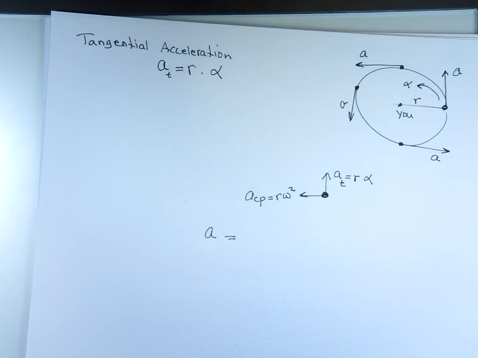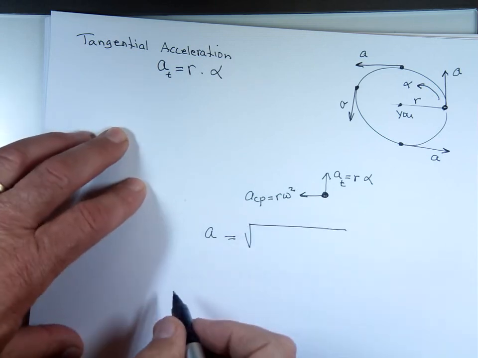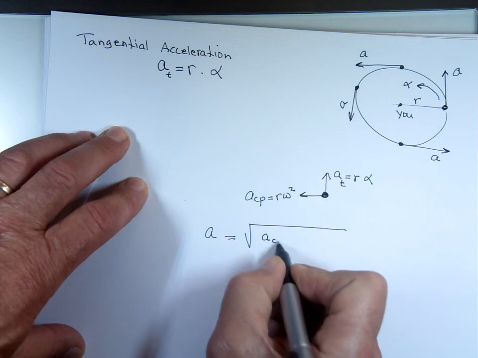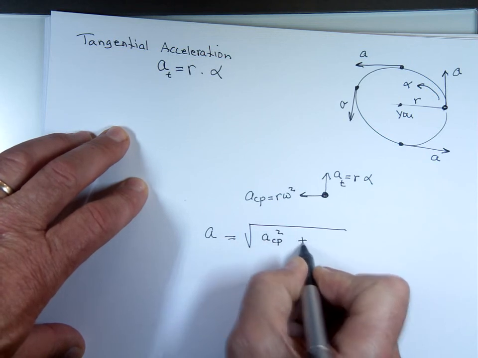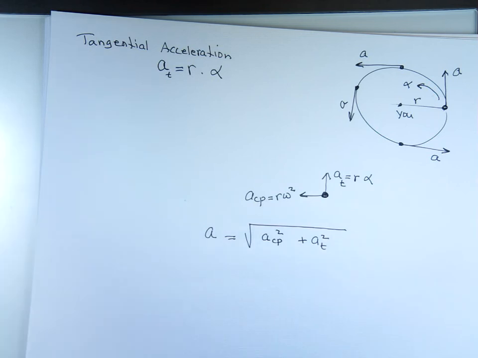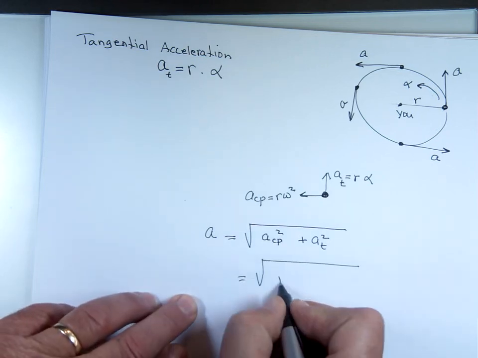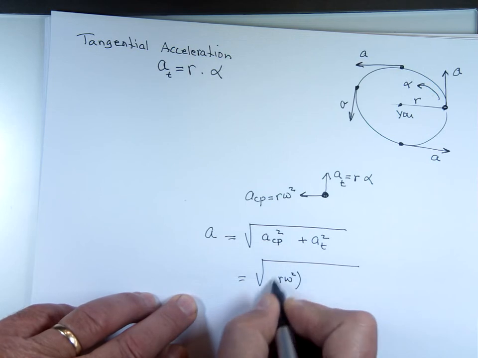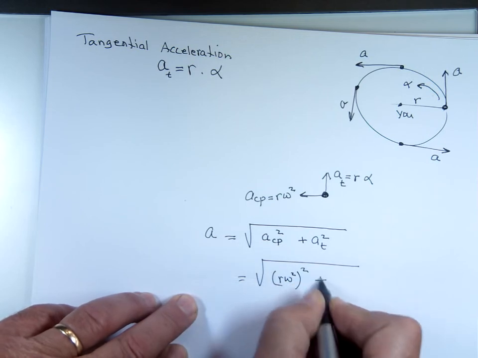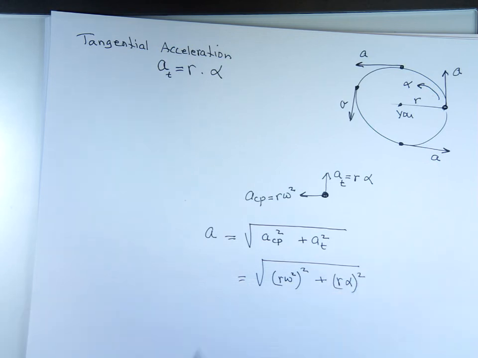Isn't that the square root of the x value squared plus the y value squared? So if they ask you what is A, you've got to do that. It's going to be the square root of R W squared, and you square that, plus R times alpha, and you square that. I don't know if they're going to ask you for stuff like this. I doubt it. But just in case, I never know what our book is going to do.